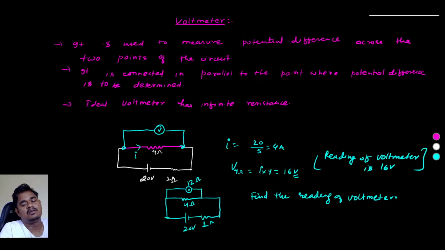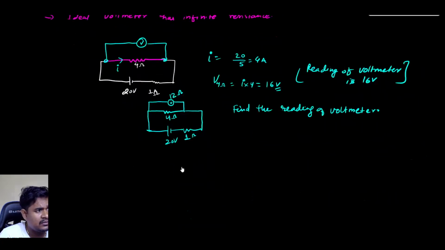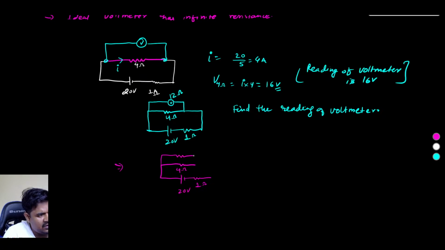Voltage. Okay. Now here first of all we will calculate the current. If I draw the equivalent circuit, this is 20 volt, this is 1 ohm, this is 4 ohm here, and this is 12 ohm. Yes or no?